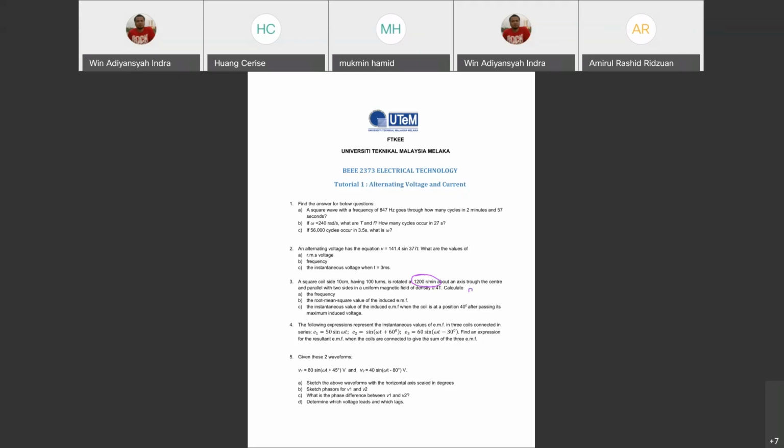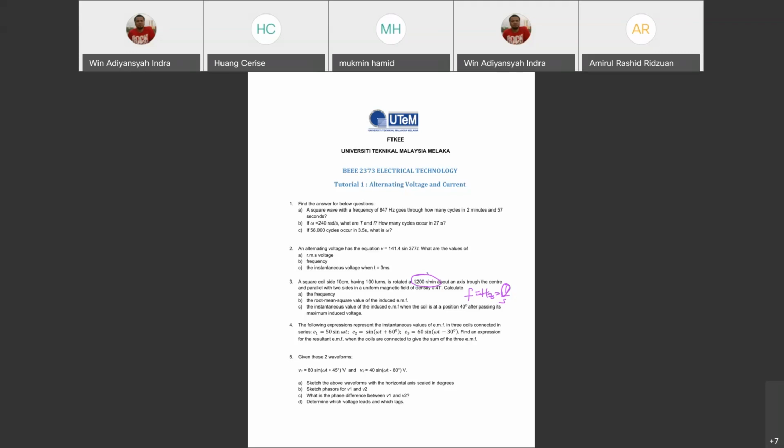Frequency, the unit is hertz or 1/second, right? It can be how many cycles per second, in this case how many rounds per second, how many swings per second, how many rotations per second. So basically, the unit is 1/second, which is hertz.